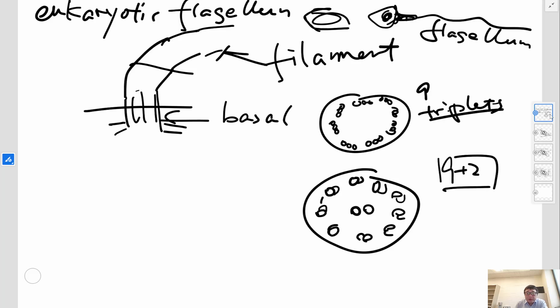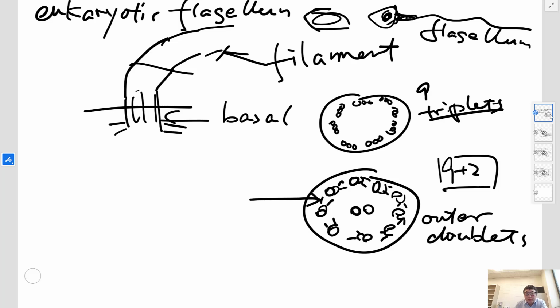Each of these pairs we call outer doublets. Between each of the outer doublets, there are proteins. The proteins connect one doublet to another doublet.